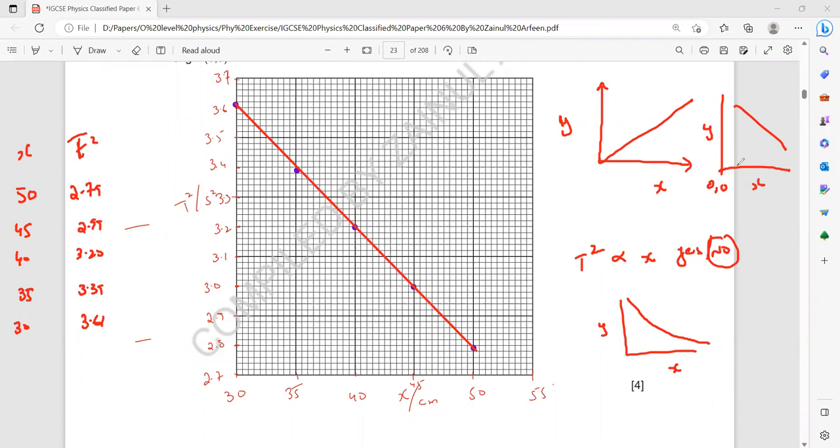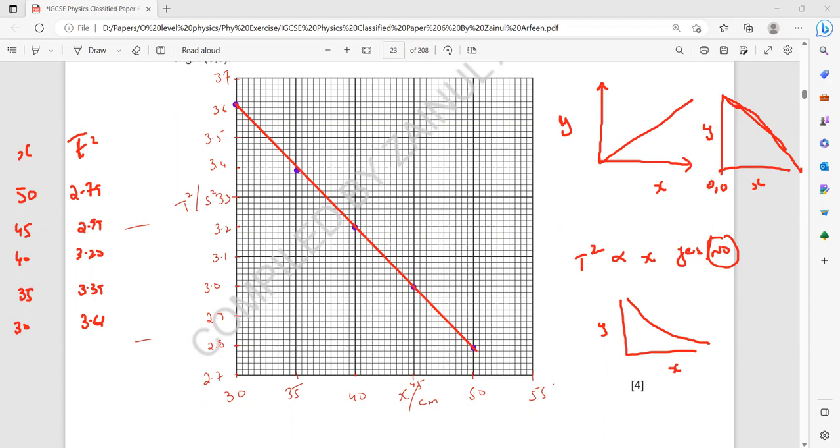It should be a straight line. And if one quantity is increasing, the other should also increase. In a proportionality relation, if we are increasing one quantity, the other should also increase. If we are decreasing one quantity, the other should also decrease. But because the shape of the graph is like this, it can never start from origin. It can never pass through origin.